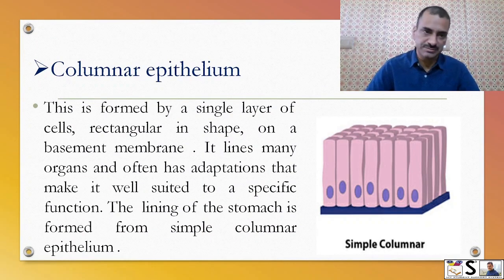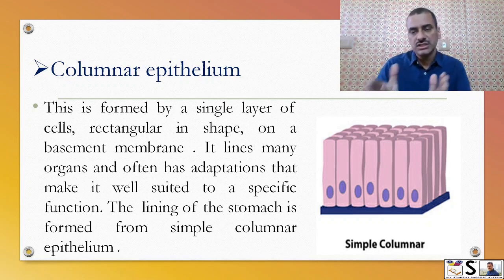Columnar epithelium. This is formed by a single layer of cells that are rectangular in shape. Here you can see, that's why we call it columnar. On a basement membrane, it lines many organs, means it makes the inner layer. Lining means inner layer. It is well suited to a specific function. The lining of the stomach is formed by simple columnar epithelium.